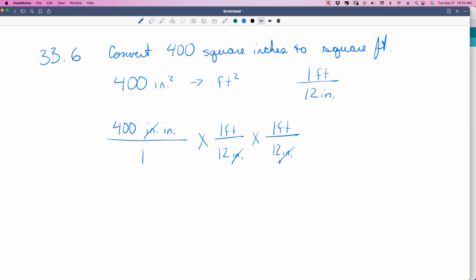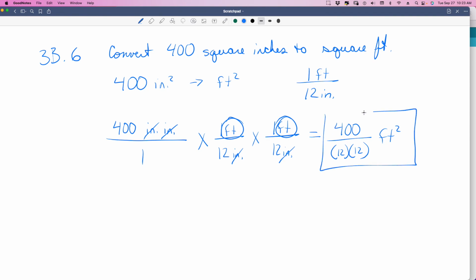That allows me to cancel the second one. So now we have 400 times 1 times 1. So that's 400 over. And we have 12 times 12 in the bottom, right? And then we have feet once, feet twice. So feet twice. This is an acceptable answer.